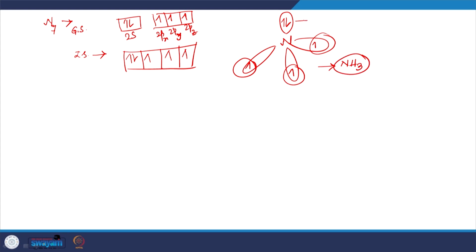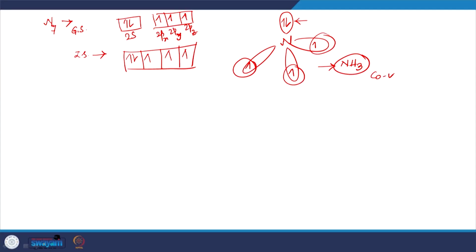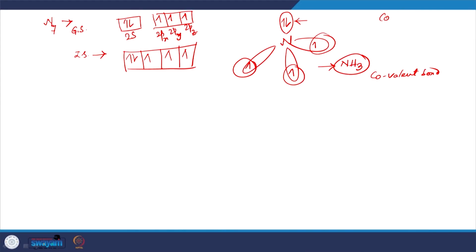Can this lone pair form a bond with hydrogen? Yes, but in that case it would not be considered a covalent bond. This would form a new type of bond which is called a coordinate bond.